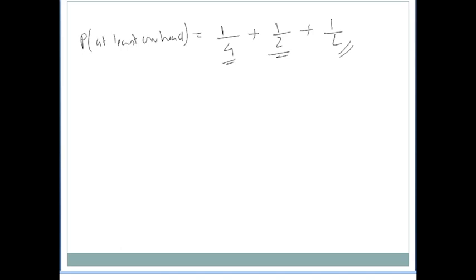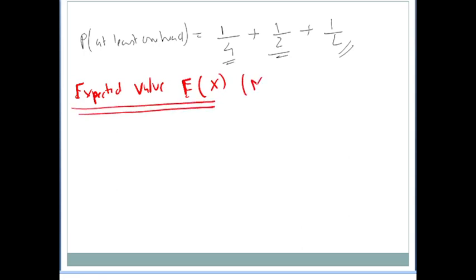Okay, now let's discuss the expected value of x, that is E of x, which is also called the mean. The expected value of x for a discrete random variable will be the summation of probability of x into x, that is, whatever is given, we just need to add them.